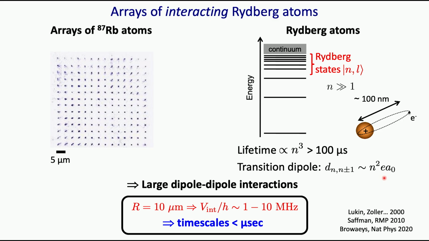I put them in this unit because it's the inverse of this strength, which gives the typical time scale over which you can look at physics driven by the interactions. So this physics is sub-microsecond, and that's the reason why this lifetime, although not very long, is still long enough to observe coherent physics.